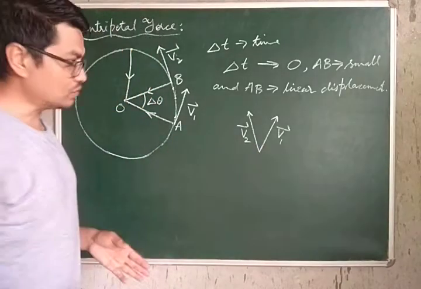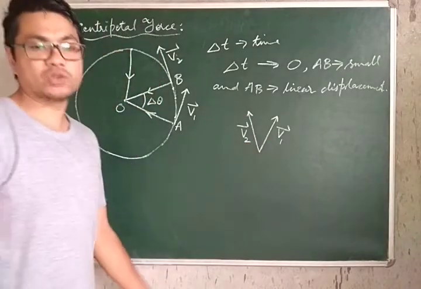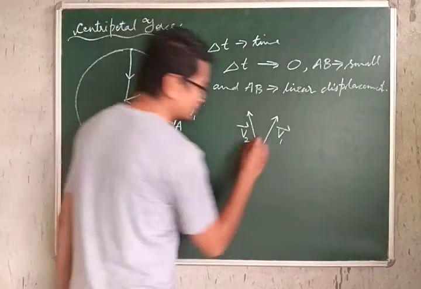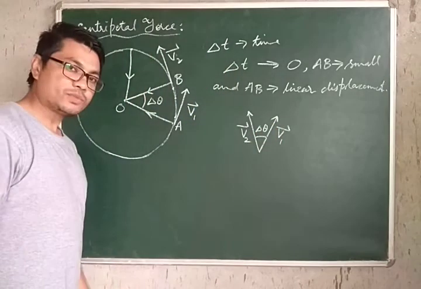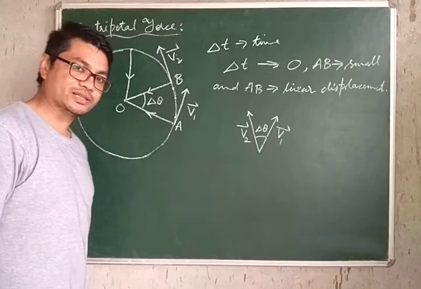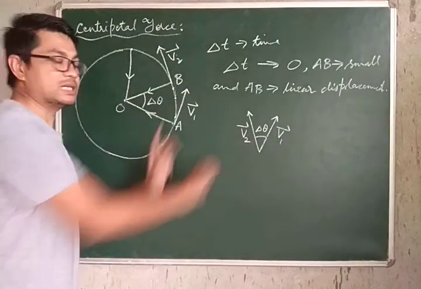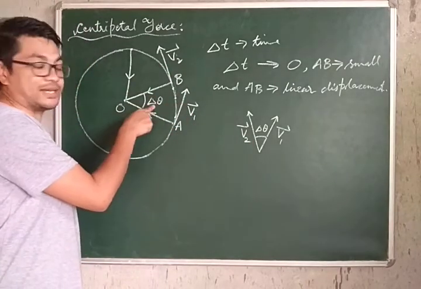Now, if I ask you what is the angle between these two velocity vectors v1 and v2, the answer will be delta theta, the same as this angular displacement.